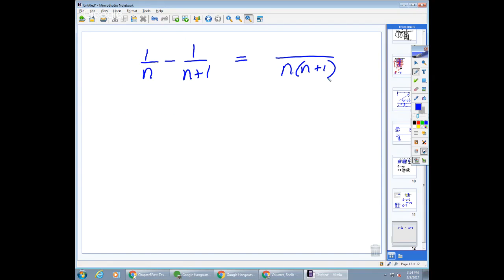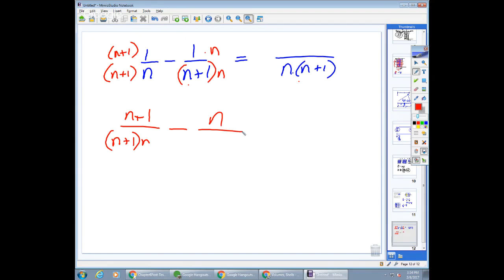If that's the case, then the first fraction is missing an n plus 1 top and bottom. So the first fraction I could say is n plus 1 over n plus 1 times n. What's the second one missing from the common denominator? An n, so I'd have to multiply that one top and bottom by n. So that gives me n over n plus 1 times n.